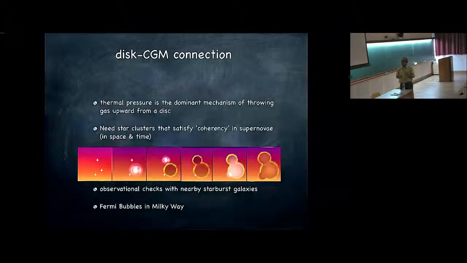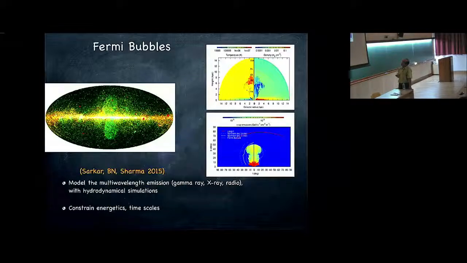Our own galaxy also provides us with an interesting laboratory in the Fermi bubbles. As you know, in the gamma ray sky you see two bubbles on the two sides of our disk at a few tens of GeV. This can be understood with the energetics of star formation activity in the center, and whether gas can be thrown out to about 10 kiloparsecs in height.